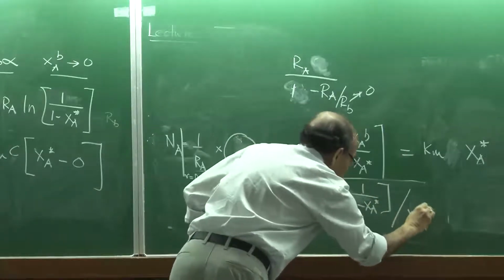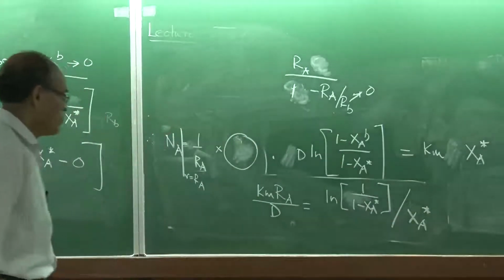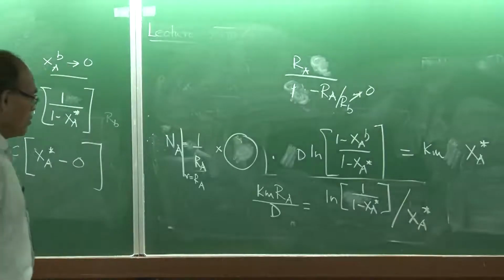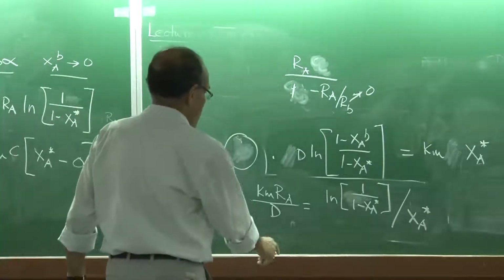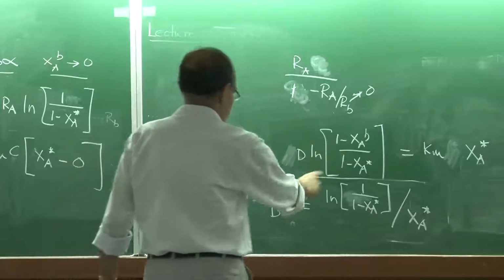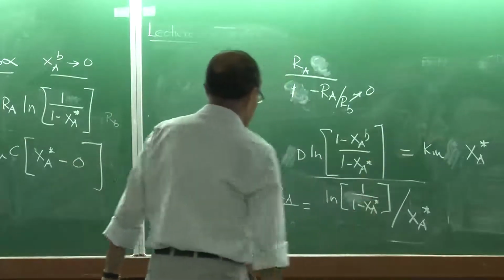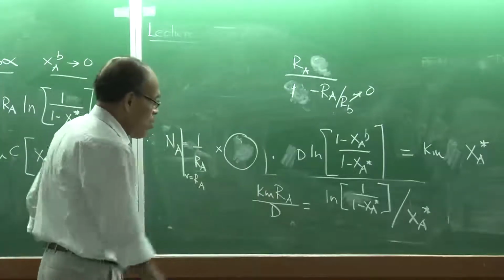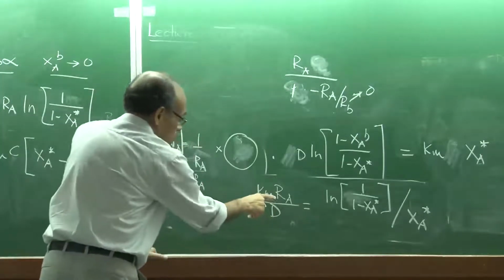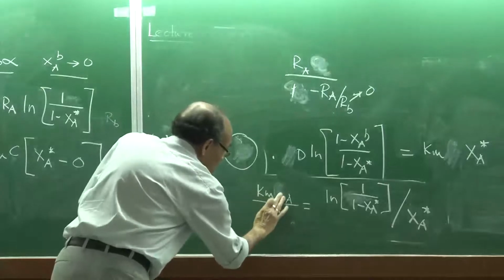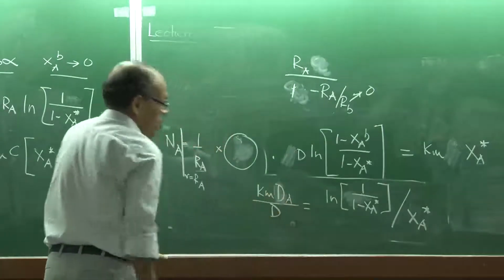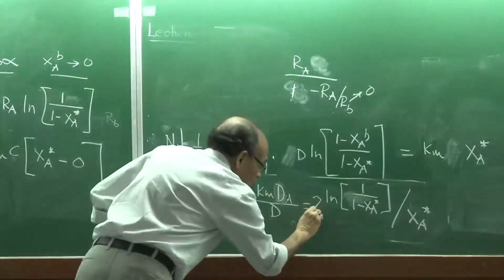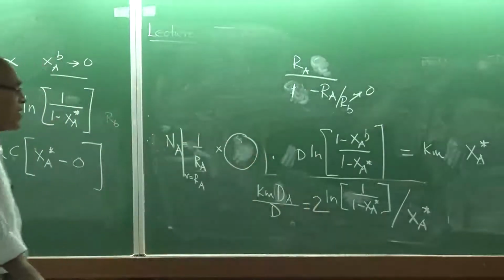That is what comes out. So, we have got Km this side, and the x is downstairs, that is fine. Now, Km into Ra, or I can say Km into d of A by multiplying this, this term is going to come out like this.